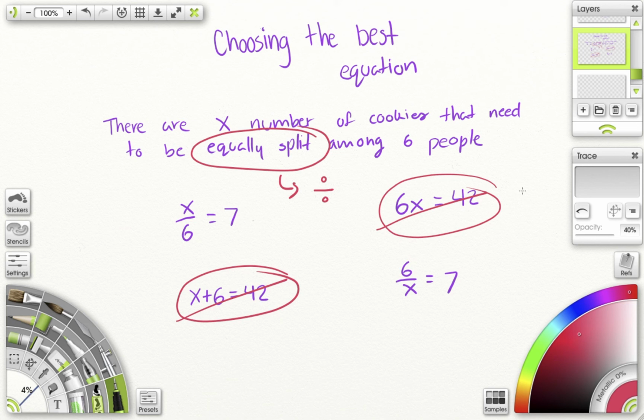All right. Now we have to look a little bit deeper into this question. There's x number of cookies. So this x is my total number of cookies. Because it's saying there are x number of cookies, that means I know that the total is whatever x is. It's being split amongst 6 people. So I'm taking that total number of cookies, that x, and I'm dividing it amongst 6 people.